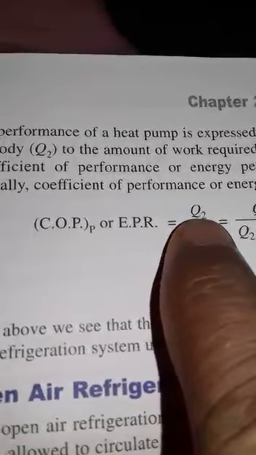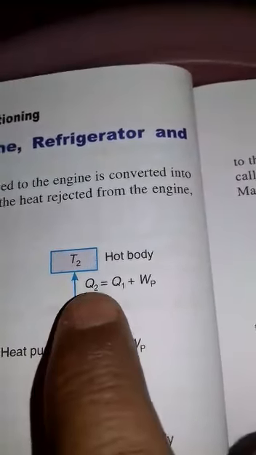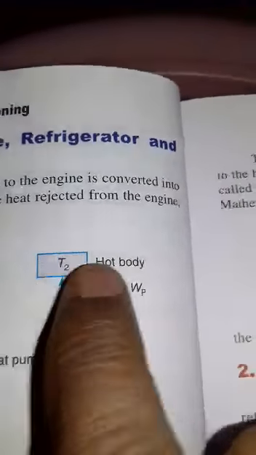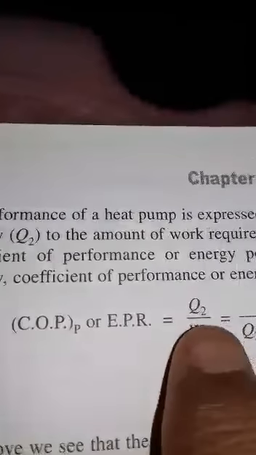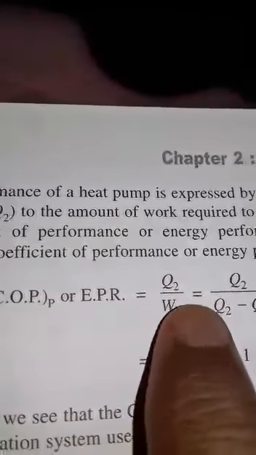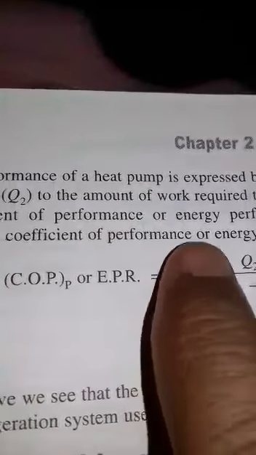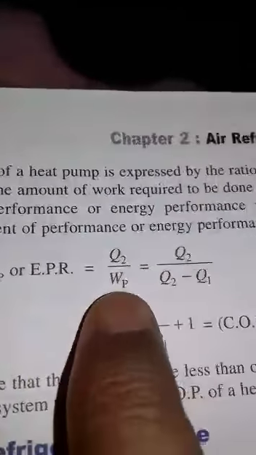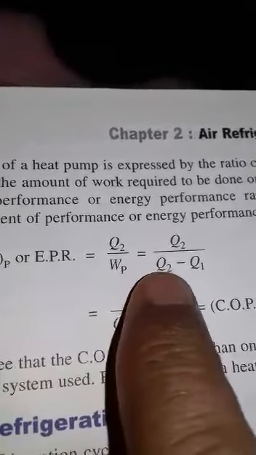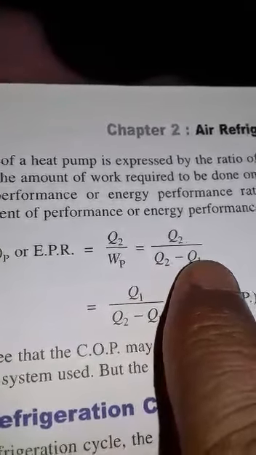Heating effect, that is Q2. There in the figure, Q2 heating effect, it is giving the heat to the hot body. Q2 upon work done WP. So Q2 is the heat given to the hot body. WP is again the work done, that is Q2 minus Q1.